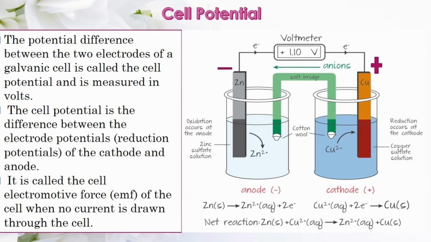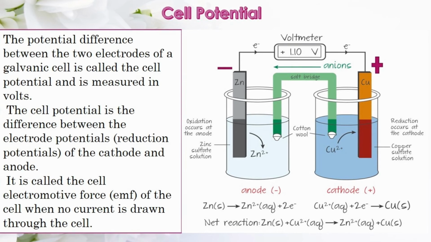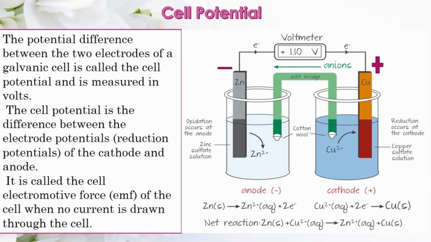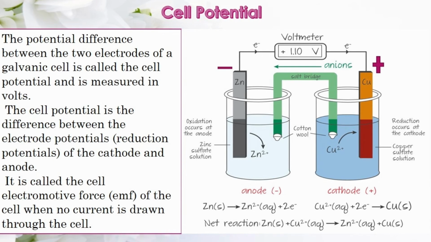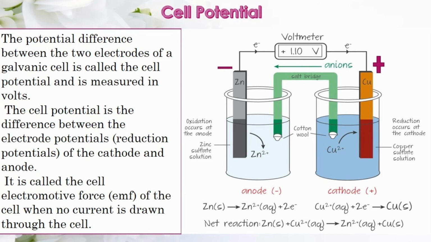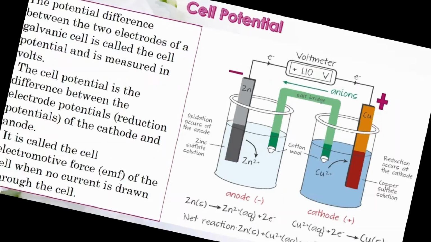We know reduction occurs at the cathode half cell and oxidation occurs at the anodic half cell. So EMF of the cell will be equal to the reduction potential of the cathode minus the reduction potential of the anode.